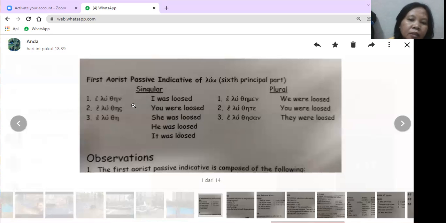We already learned about first singular I, second singular you, third singular she, he, it, and first plural we, second plural you, third plural they. So for the first aorist passive indicative of luo: subject plus was loosed.